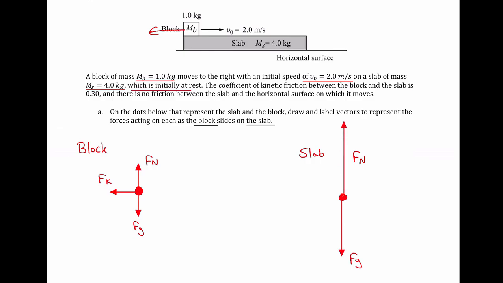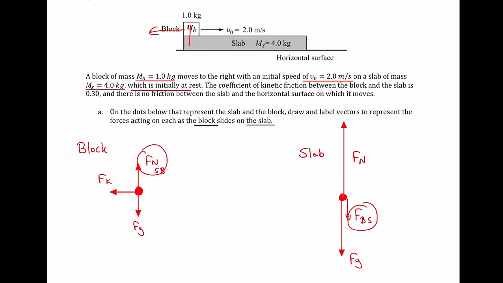The reason why the two forces are not equal is because there is a push from the block on the slab. So there is one more force from the block to the slab. In reality, this is the reaction of the normal force from the slab to the block.